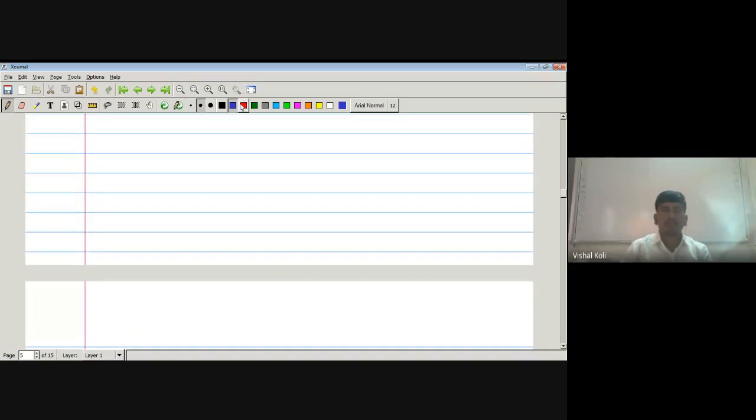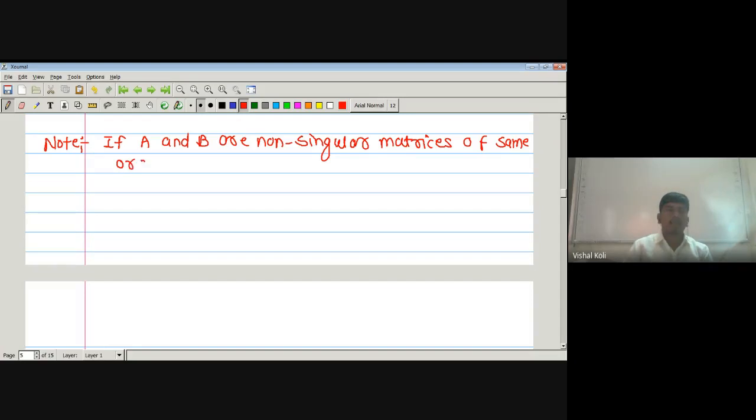Okay. Now there is one note. If capital A and capital B are non-singular matrices of the same order, then adjoint of the matrix AB is equal to adjoint of B into adjoint of A. Non-singular means determinant of A is non-zero and determinant of B is non-zero.